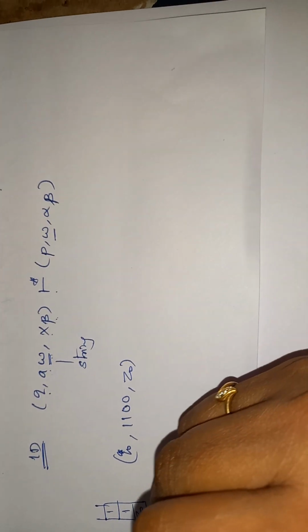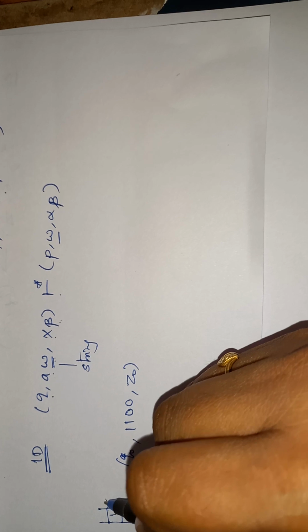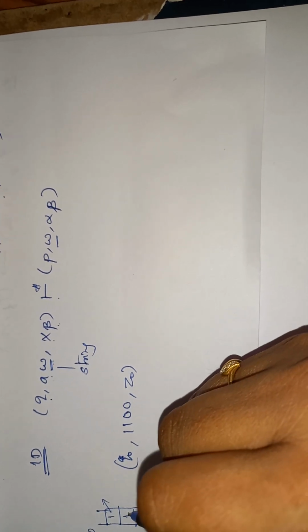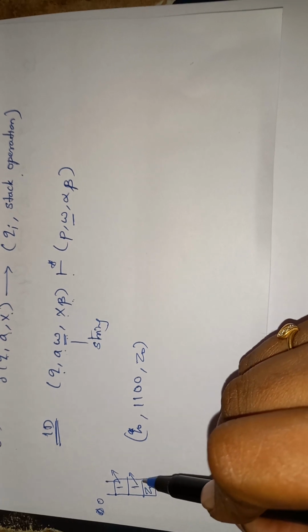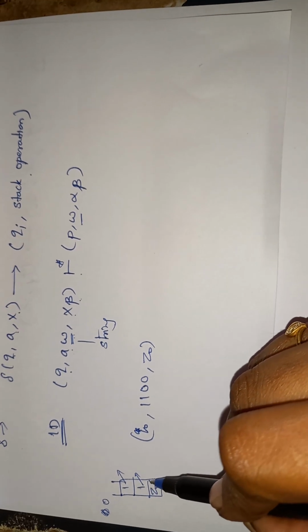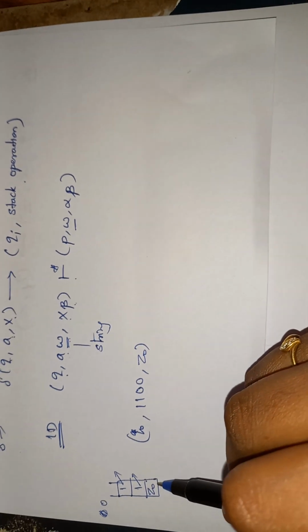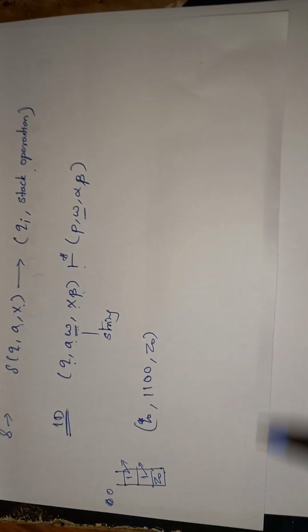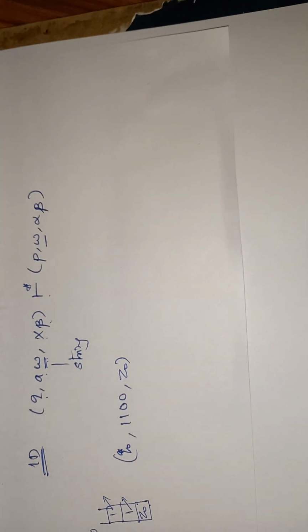And when it is reading zeros, the PDA should pop it off. Then on the second 0, this should be popped off. Now since the stack is empty, only Z0 is available, it will reach the final state. So we can specify that the string is accepted by the final state.